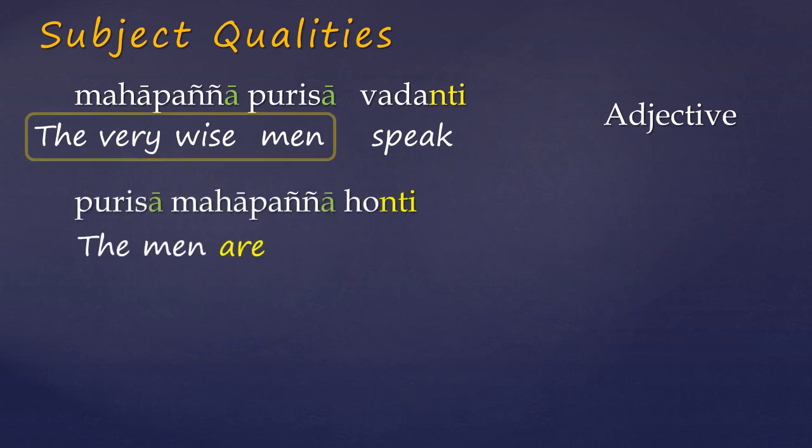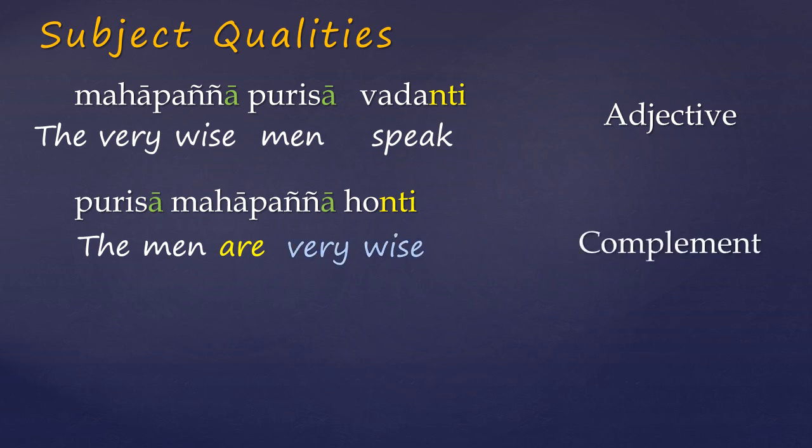A second way to add a quality is with a linking verb or copula, and in Pali this tends to be a form of the verb hoti. The qualifying term is then actually called a complement because it completes the linking verb. It's a necessary argument in order for it to make sense. And technically it's a subject complement as it qualifies the subject.